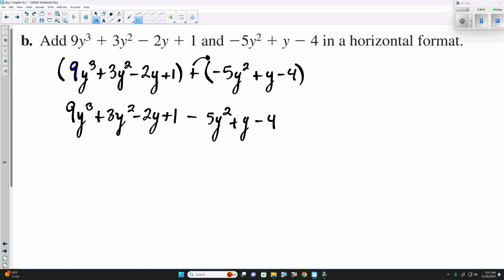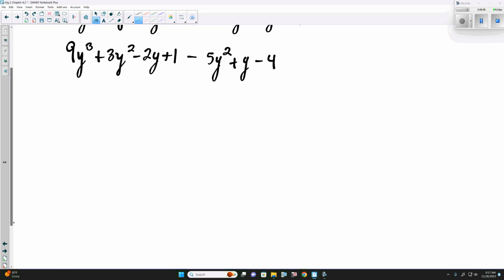Now there's two different ways we can go from here, and it's not that one's correct and one's incorrect, one's just shorter. Because the longer of the two ways is that, well, I can rearrange my terms. Because we have 9y cubed. The other term doesn't have y cubed because it's the only like term.